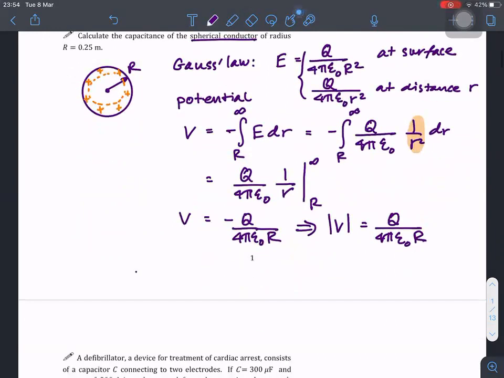And finally, we use the definition of C as the charge that's stored within the capacitor given just 1 volt, right? So C equals Q over V. By doing that, we have that C of a sphere depends on the radius r of that sphere.